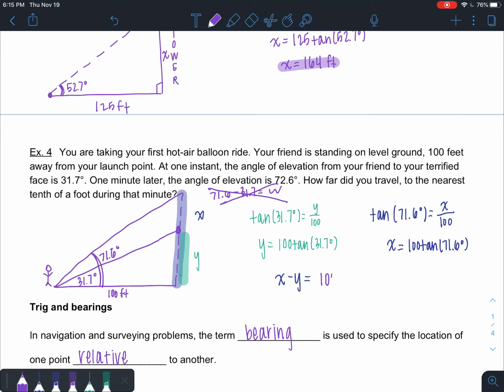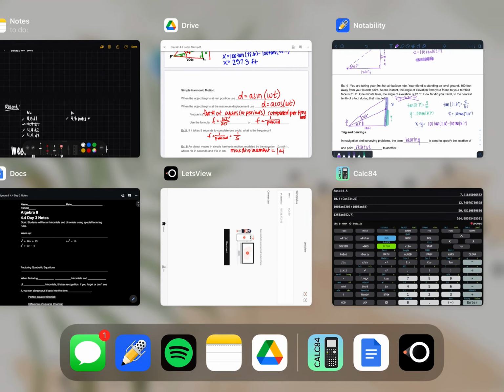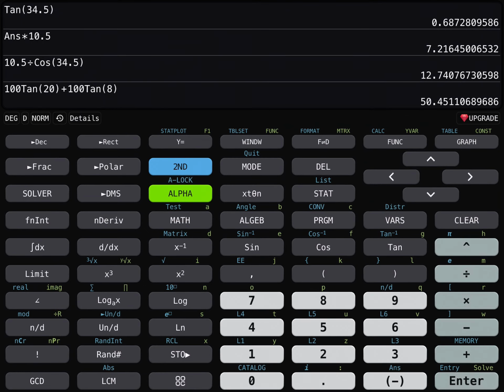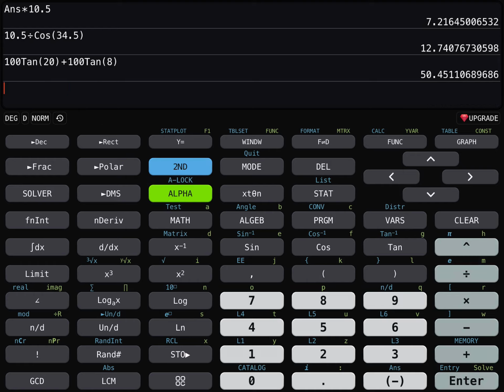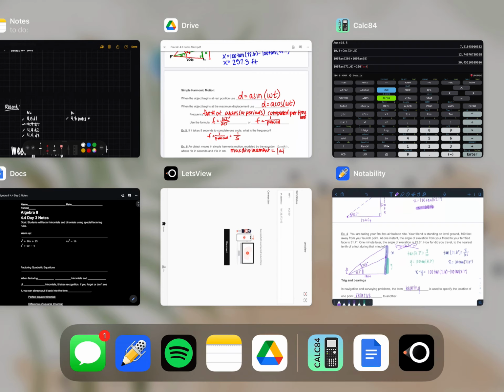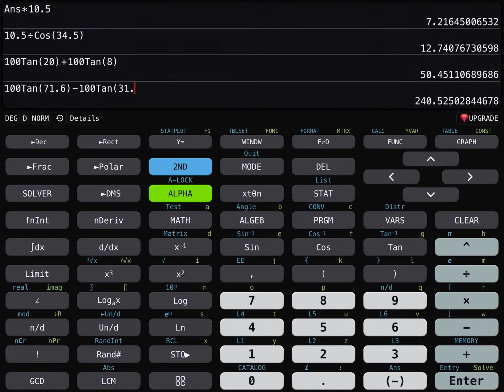Now, x minus y is equal to 100 tangent of 71.6 minus 100 tangent of 31.7 degrees. So we'll go ahead and type that into our calculator. So 100 tangent of 71.6 minus 100 tangent of 31.7.